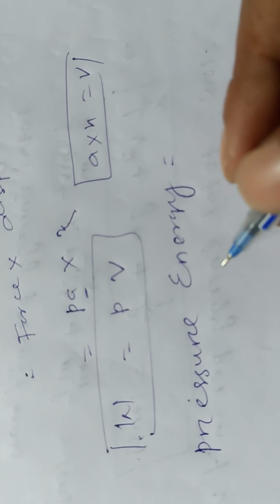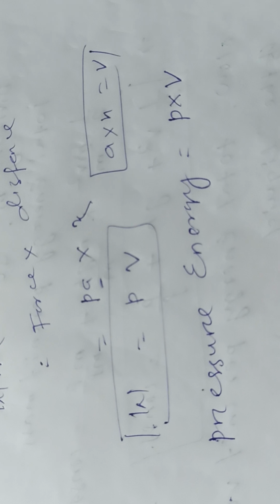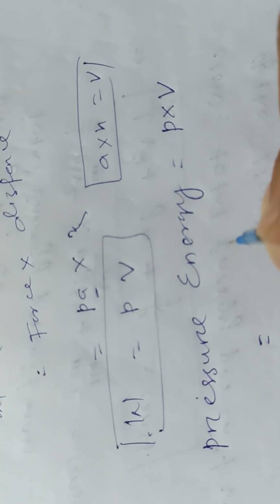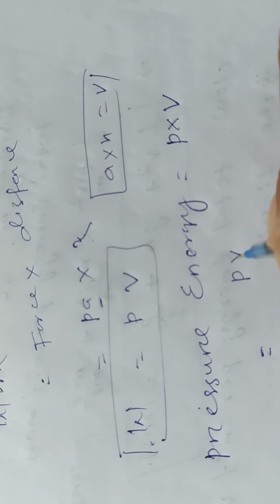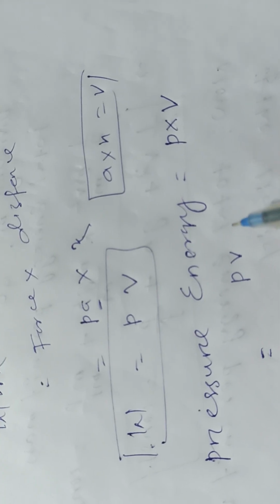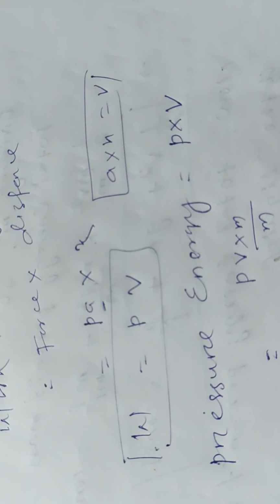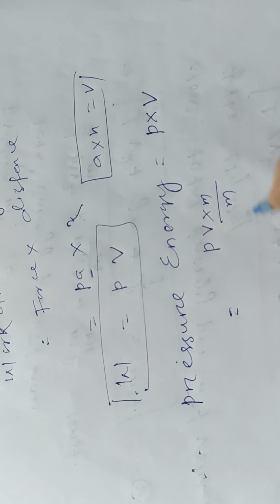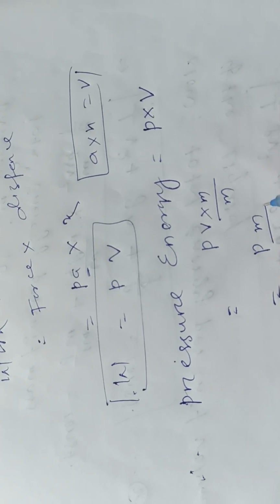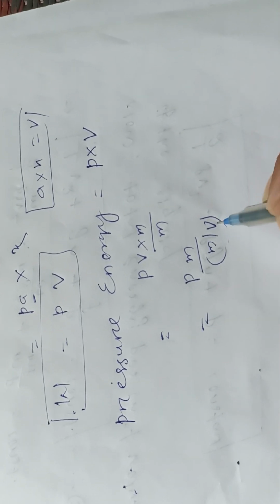So pressure energy equals pressure into volume, P V. Multiplying and dividing both sides by mass m, we can write P m by V into V... that is, m by V is mass by volume, which is called density.